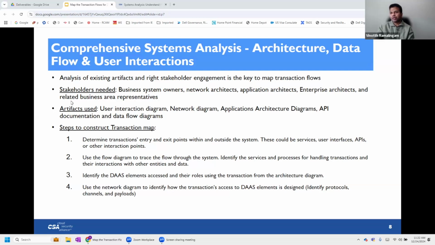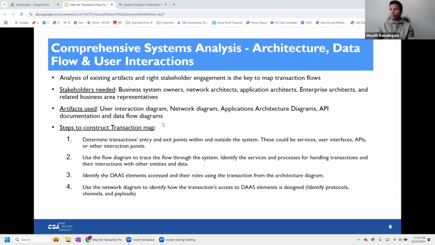Try to include everyone, or maybe whoever is responsible in your organization. And then the next one is to leverage the existing documents that you might have. The organization might have one or multiple of these, like user interaction diagrams, network diagrams, application architecture diagrams, API documentation, data flow diagrams, and many more.